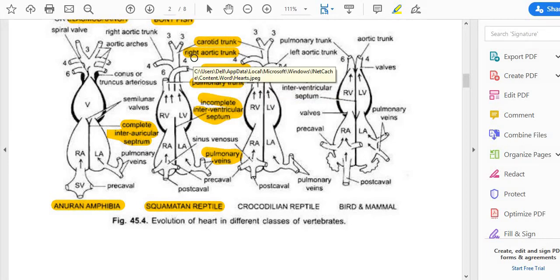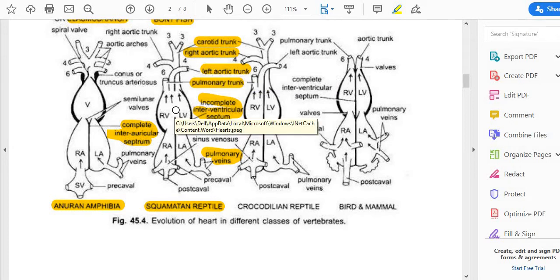Towards the head the blood flowing from the carotid arch is pure, whereas for other parts of the body the blood carried is mixed, that is, pure and impure blood mixed, which we saw here. Because the ventricle is incompletely compartmentalized, mixing of blood is obvious, but for the head region the blood supplied is pure.